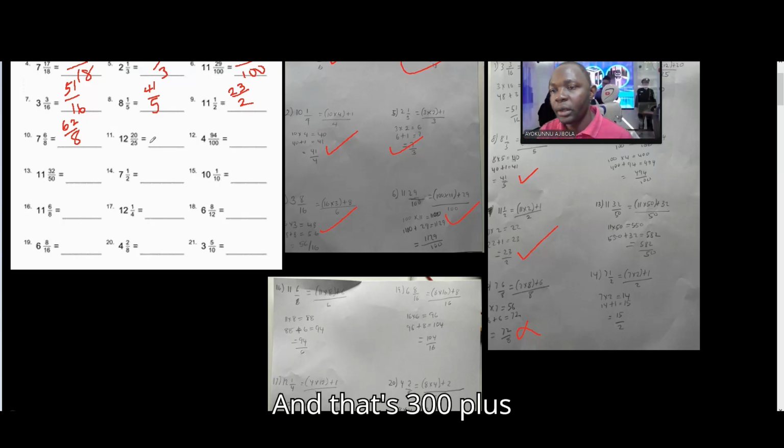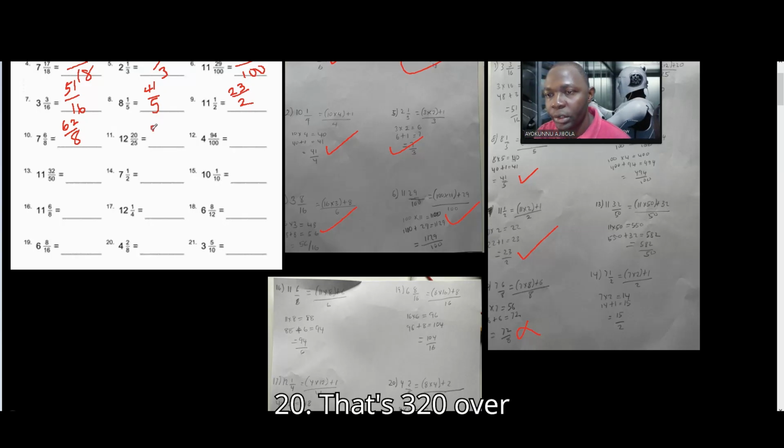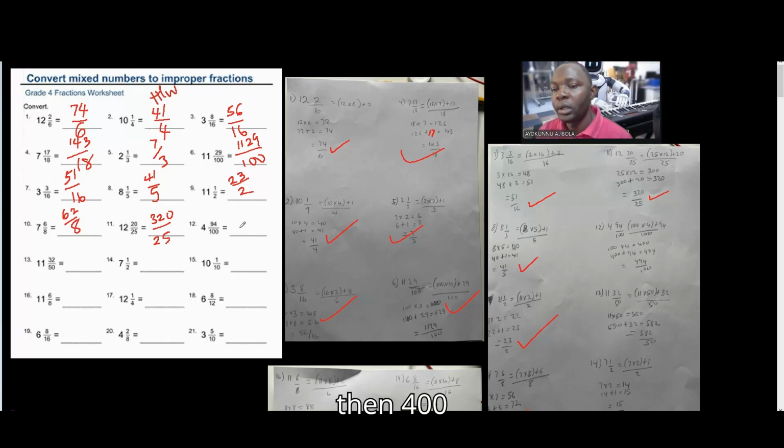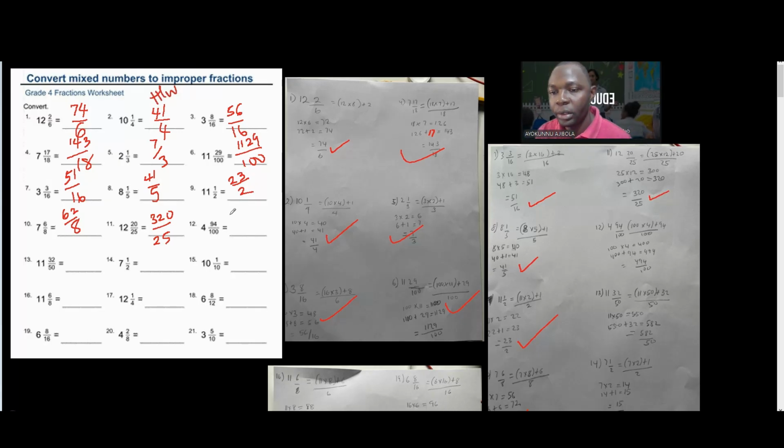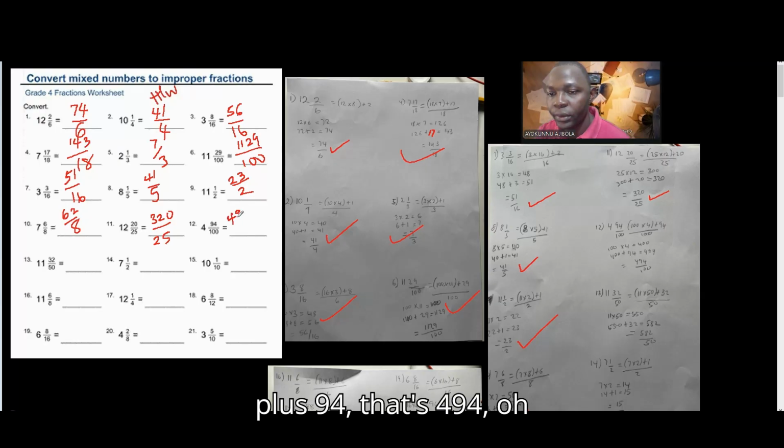So we have 12 times 25, and that's 300 plus 20. That's 320 over 25. Then 400 plus 94, that's 494 over 100.